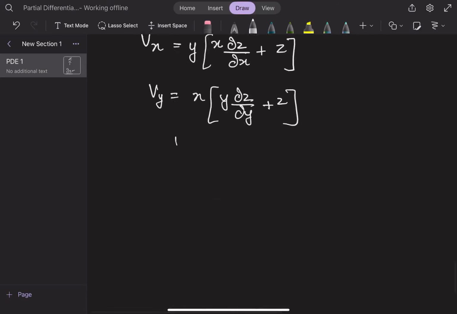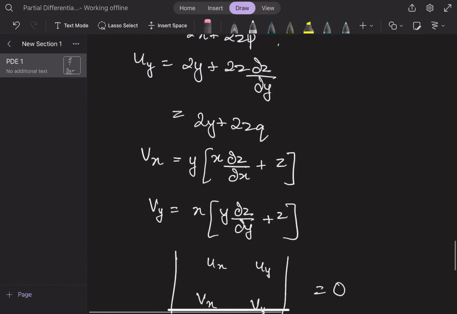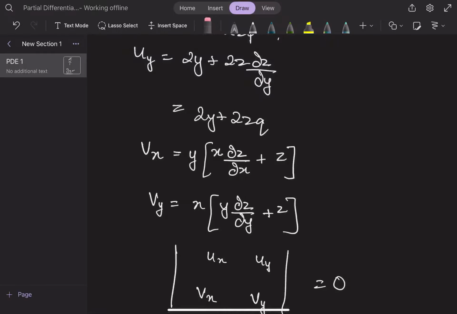Now let's put it in the Jacobian. So ux, uy, vx, vy is equal to 0. Let's write this down as p and q first. So this is y times xp plus z, and this is x times yq plus z.